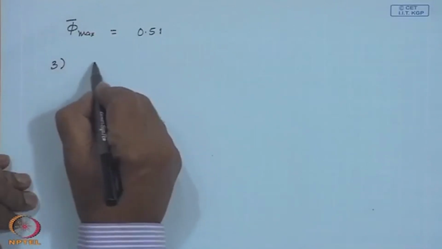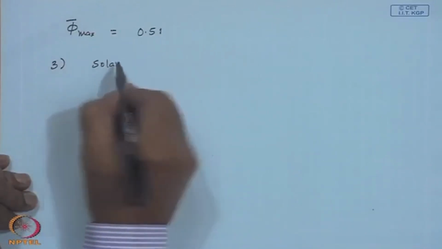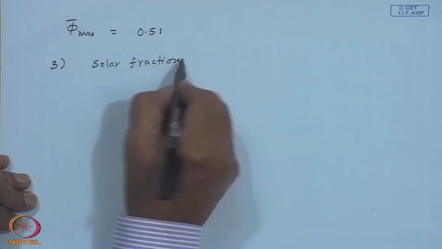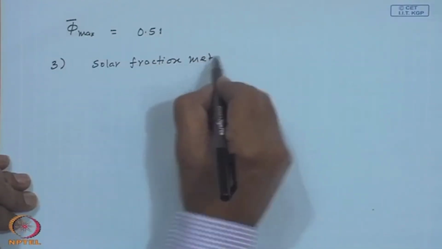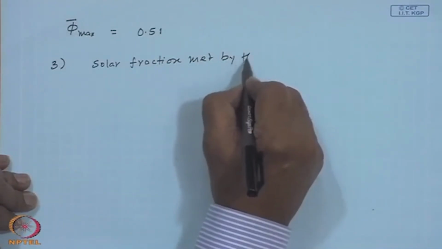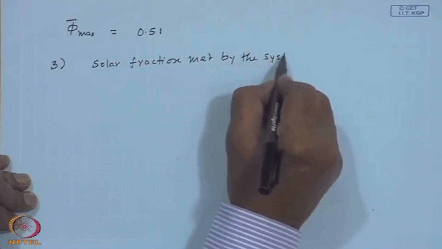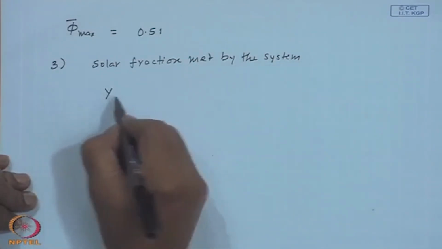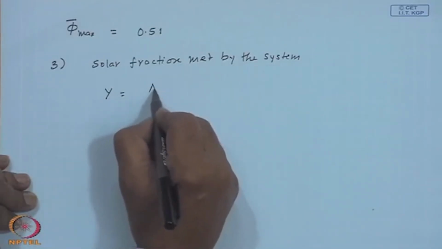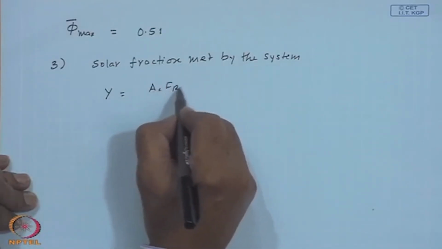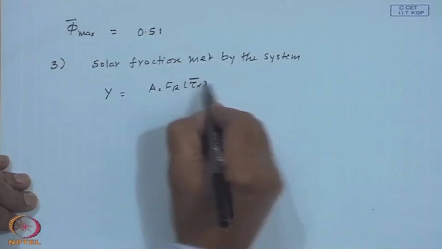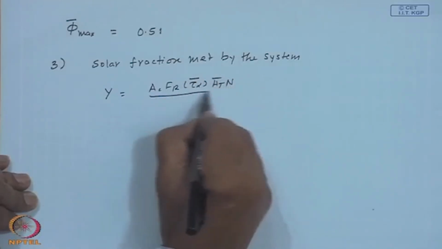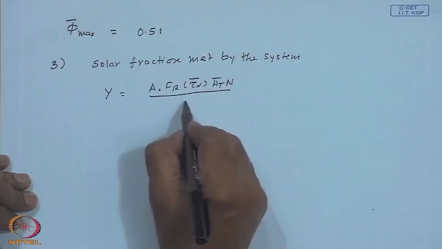Third part, solar load fraction met by the system. So, we need the variables y, which is AC, FR, tau alpha bar, HT bar, n number of days in the month, by the load.